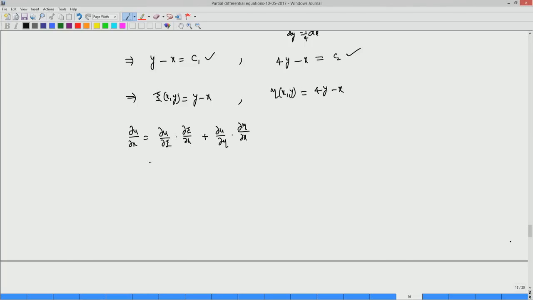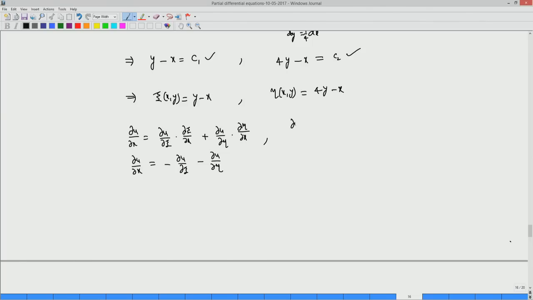This will give me ∂ξ/∂x, that is minus ∂u/∂ξ, plus ∂η/∂x, again you have a minus ∂u/∂η. So, that is what is my ∂u/∂x.